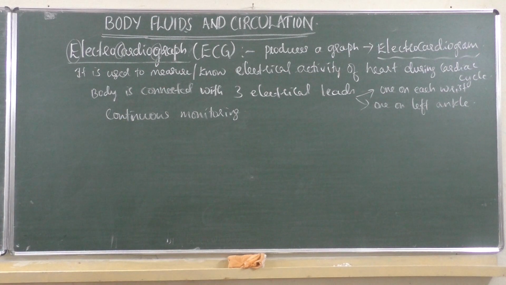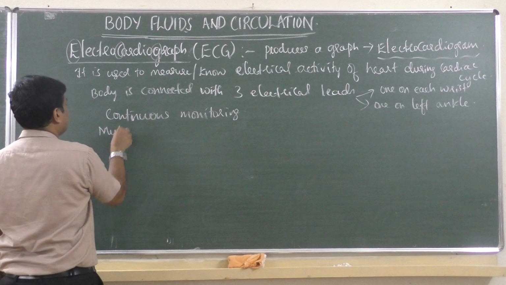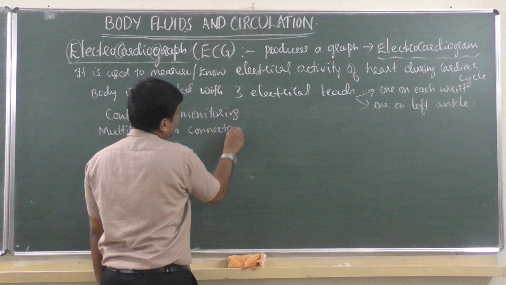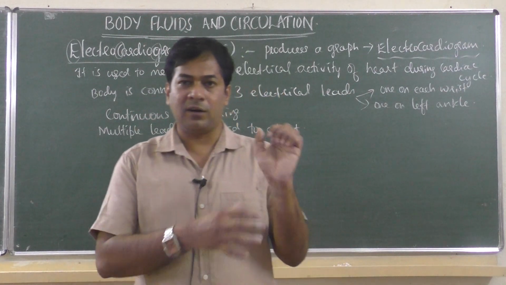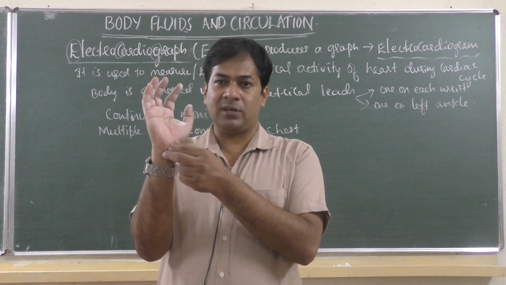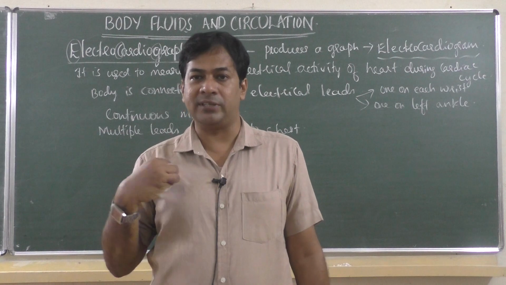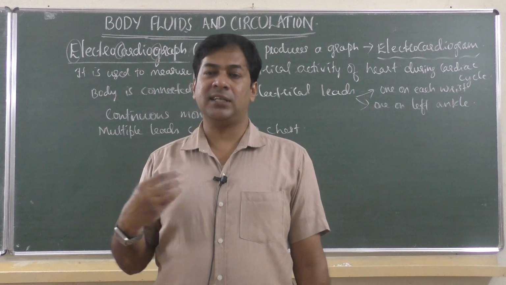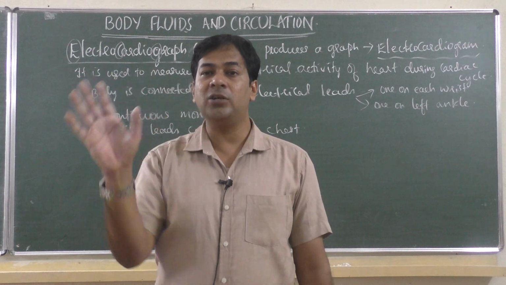Sometimes we also see that multiple leads are connected to the chest portion. Multiple leads means sometimes you see 1 cable on the right wrist and 1 cable on the left ankle, then his chest will have many cables, many wires, so many electrical leads. Many cables are required on the chest only when detailed evaluation and detailed monitoring of the electrical activity of the heart is required.